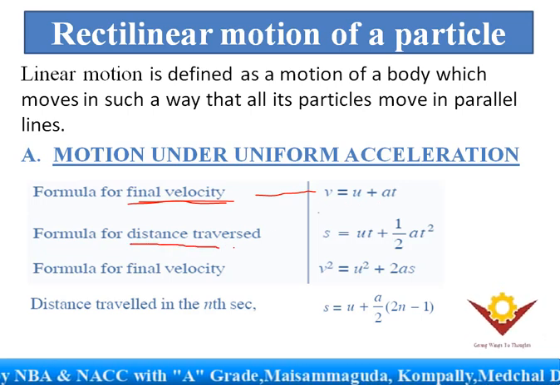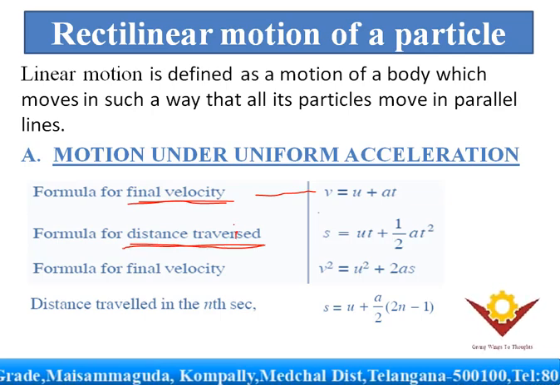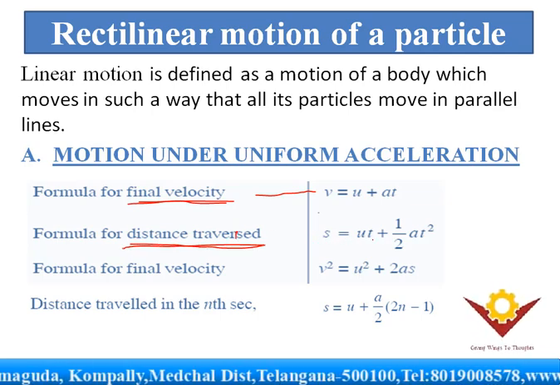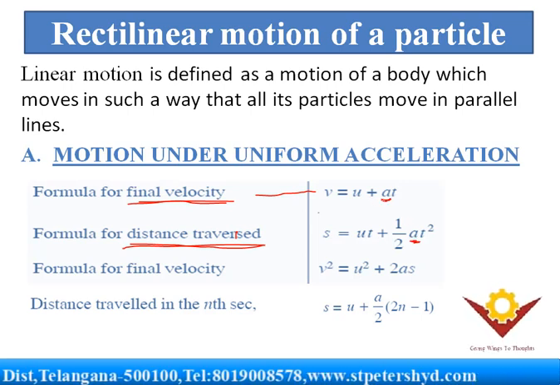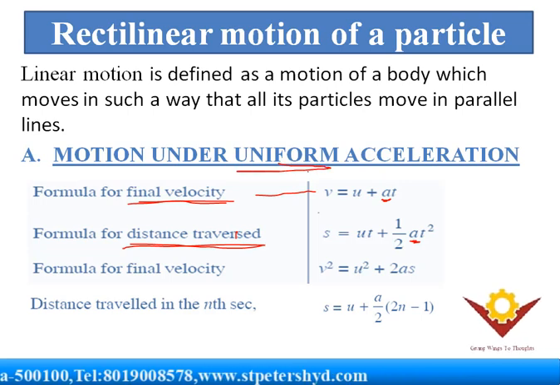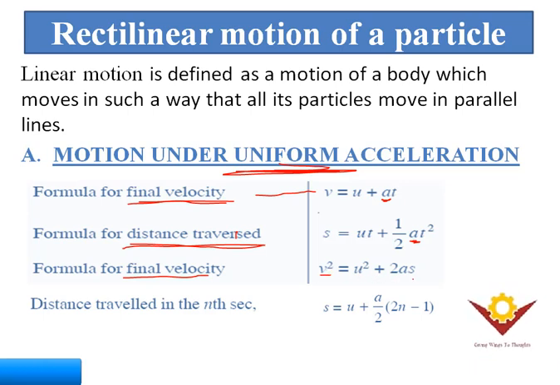If you want the distance traveled, s = ut + ½at². Here the acceleration is uniform; it won't change with respect to time. And next, for the final velocity, v² = u² + 2as.